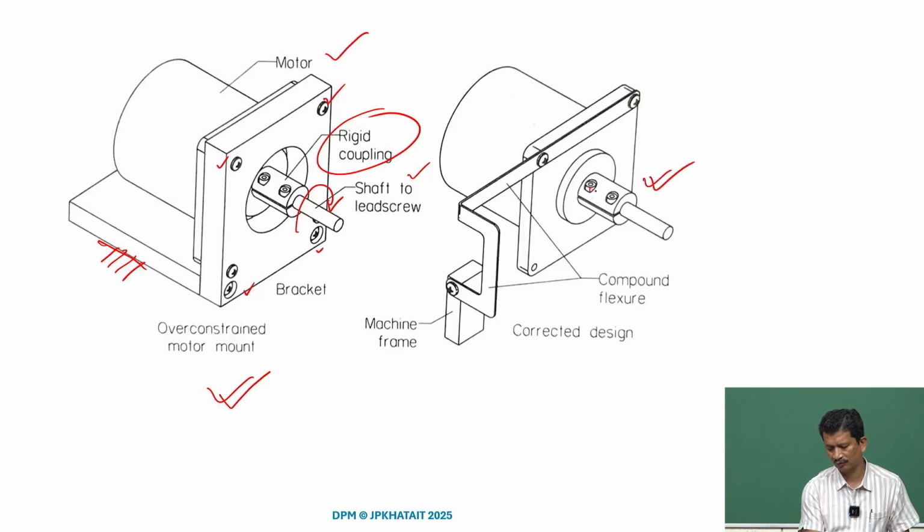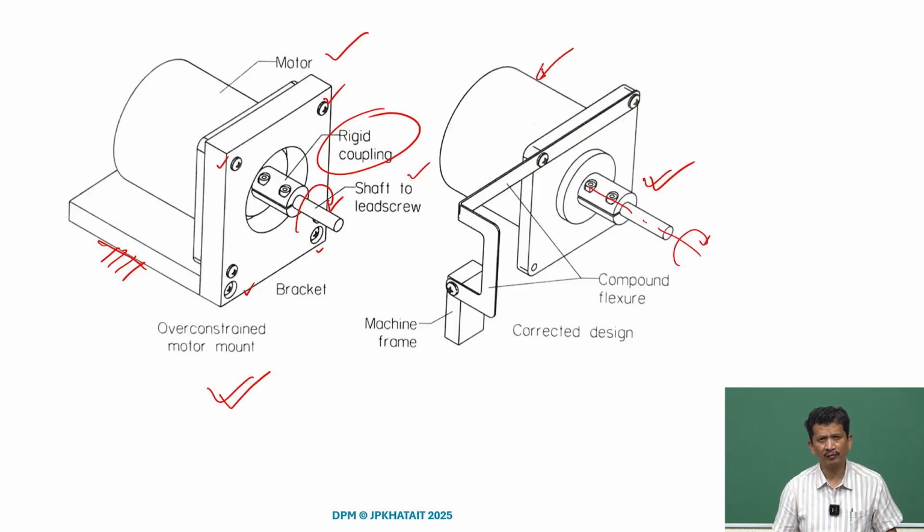So, this is the axis of rotation. You want to provide the torque or motion with the motor. What is required is only the torque or the rotational motion you want, without worrying about the offset and misalignment, right.